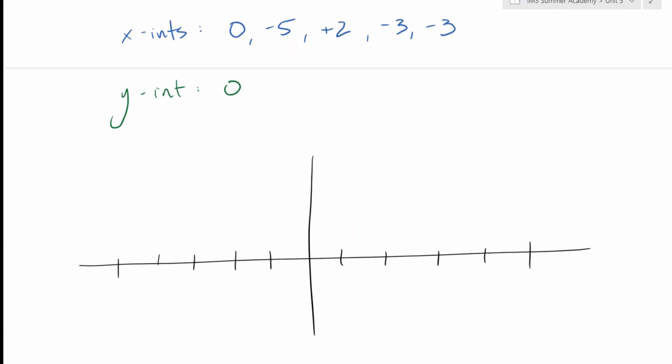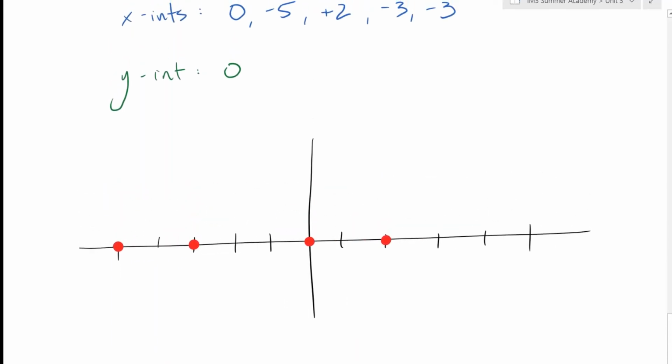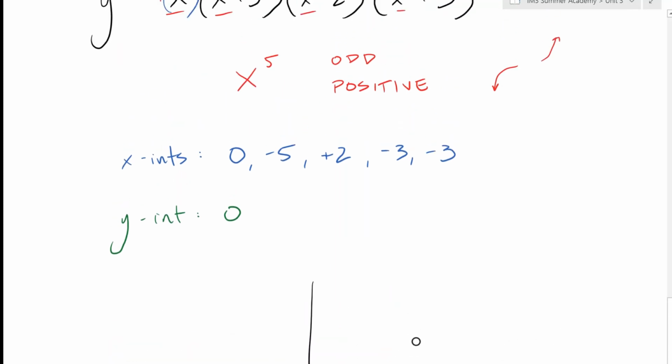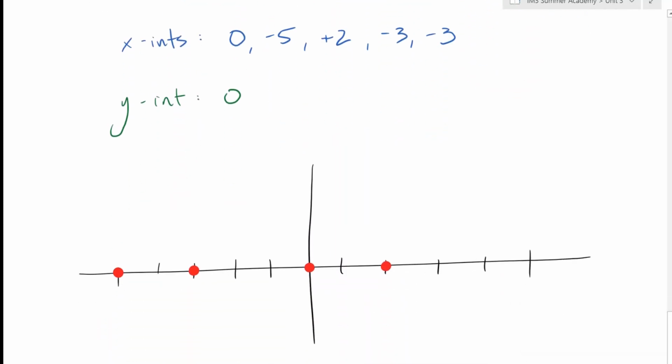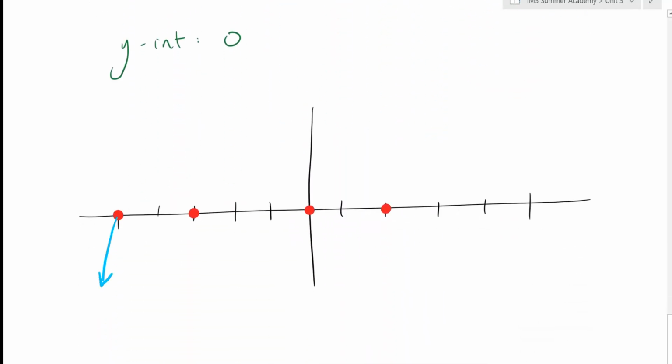So my x-intercepts, 0, -5, +2, -3, and then -3 again on top of each other. Interesting. We have y-intercept at 0, that already exists there. Let's go ahead and put these lines on. So I know my arms need to go like this. This one going down, this one going up.